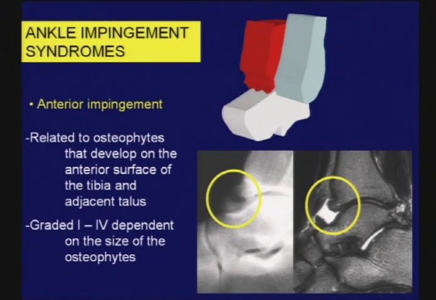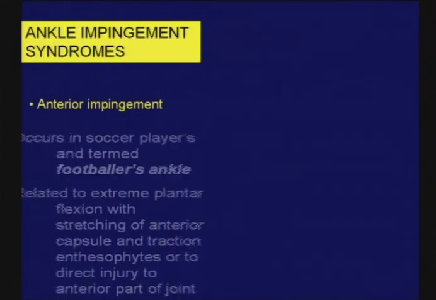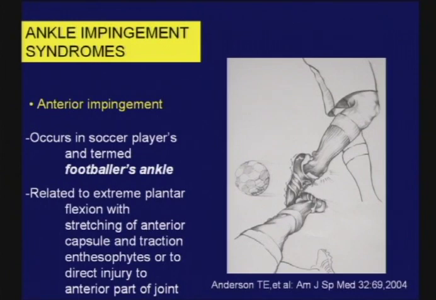But I think to call this anterior impingement would be to label that for every patient who has osteophytes on the anterior aspect of the ankle. In fact, the purest definition of anterior impingement occurs related to injury that takes place in soccer and is called footballer's ankle. The proposed mechanism is shown here with extreme plantar flexion.